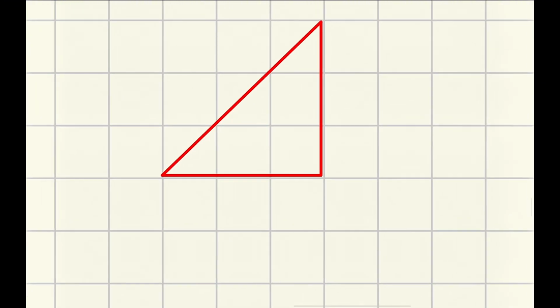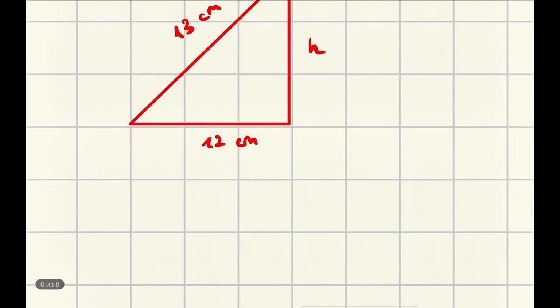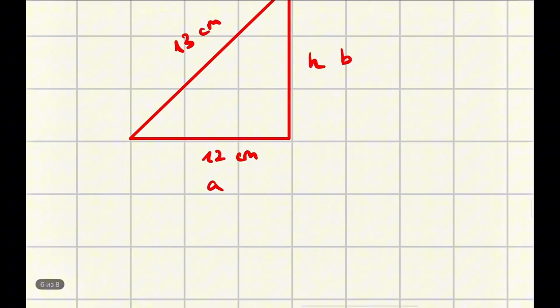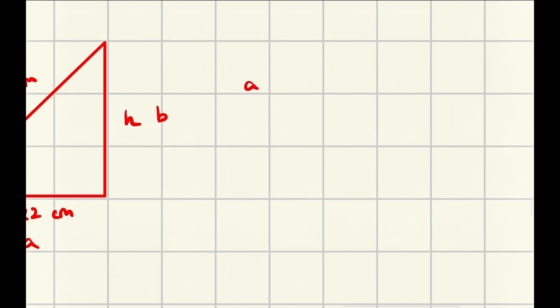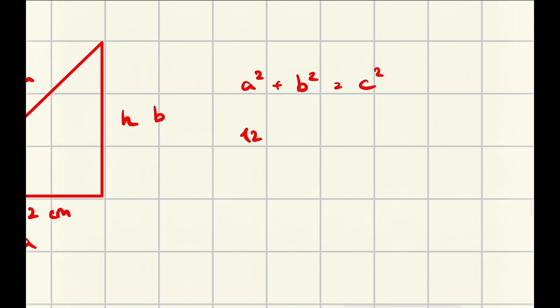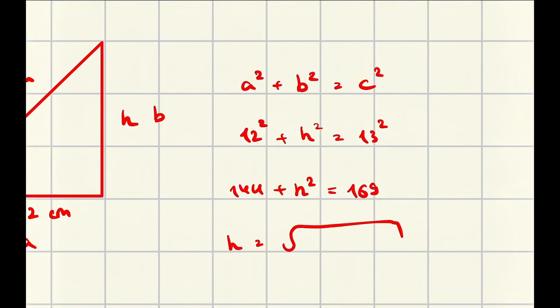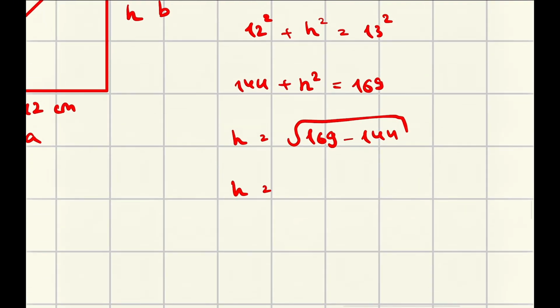It's 13 centimeters here, 12 centimeters here, and there is some H. If this is A, this is B, this is C, we know the Pythagorean theorem: A squared plus B squared equals C squared. So 12 squared plus H squared equals 13 squared. This is 144 plus H squared equals 169. H equals the square root, because we need to get rid of the square, of 169 minus 144. And H equals the square root of 25, which is just 5.